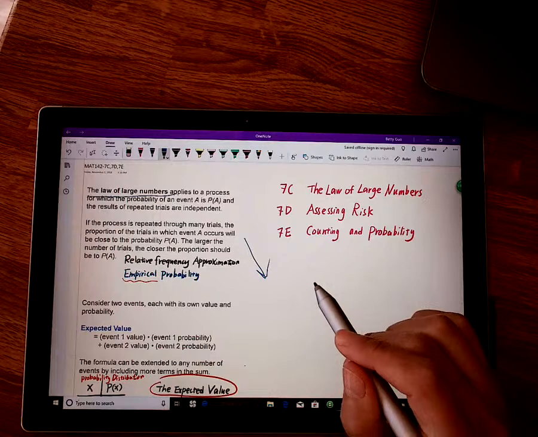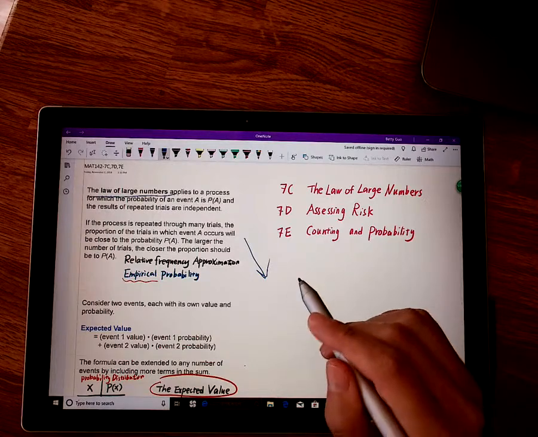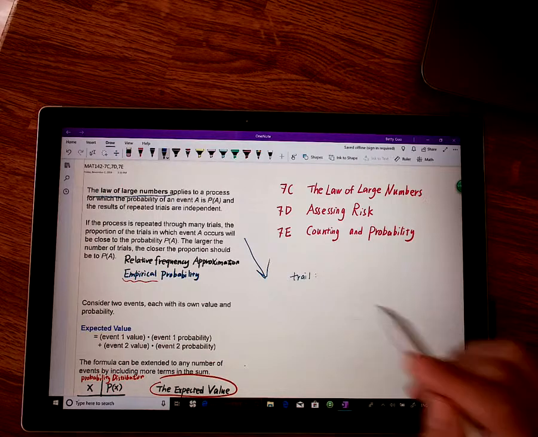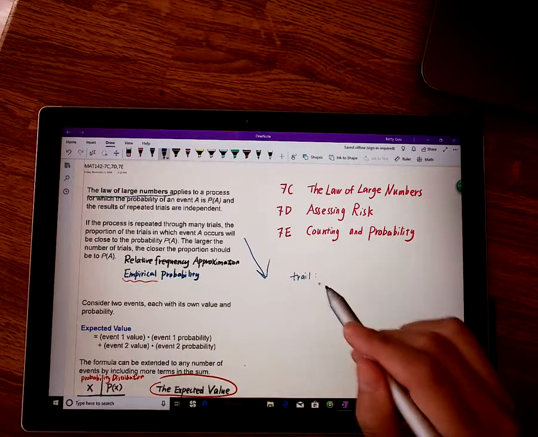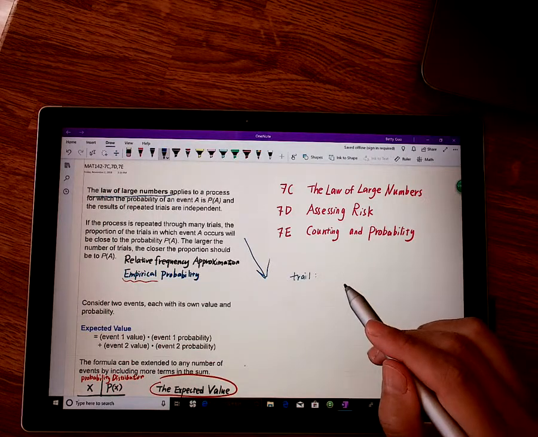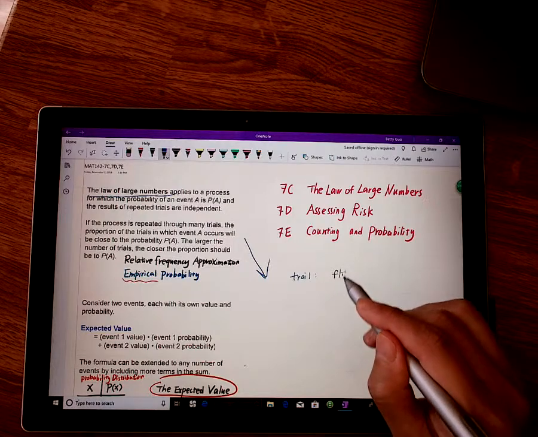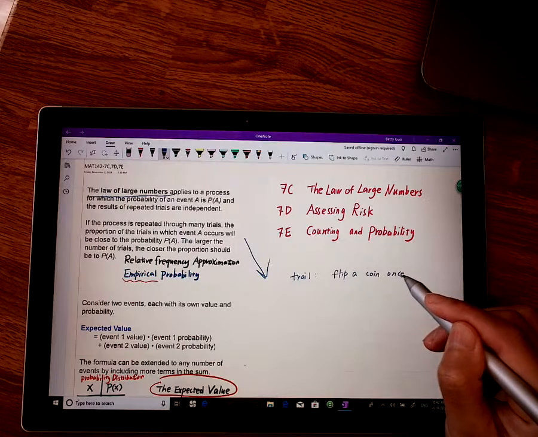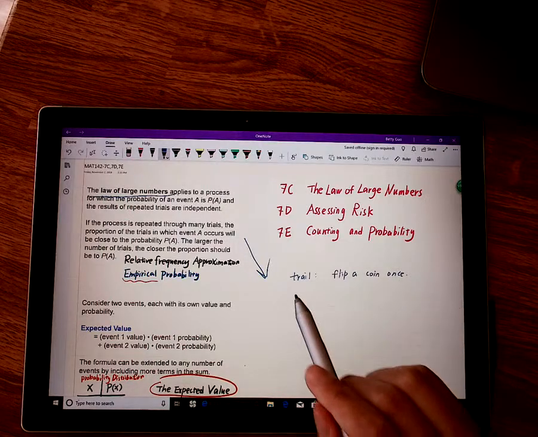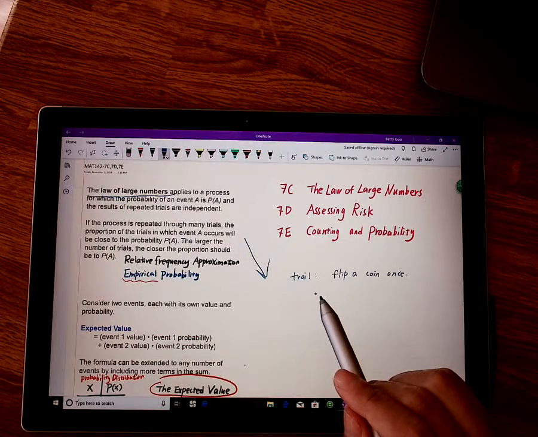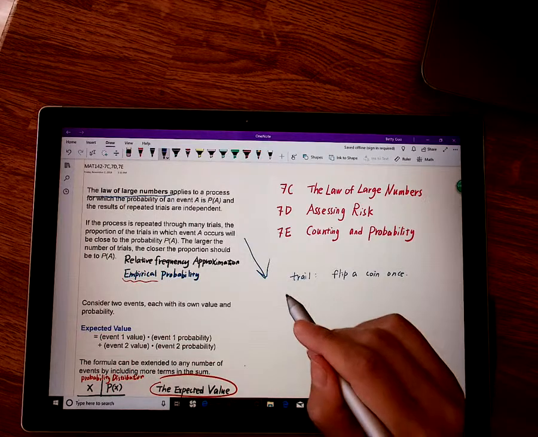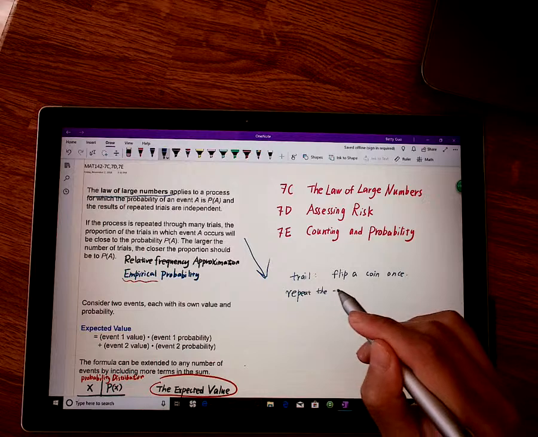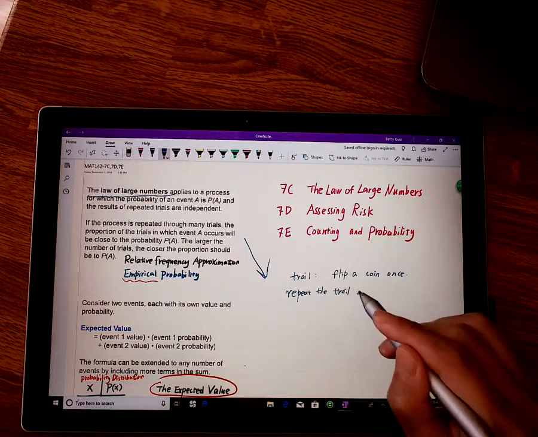Let's say, how do we define a trial? Here, we consider the trial to be flipping a coin once. And now I'm going to repeat the trial many times, n times.